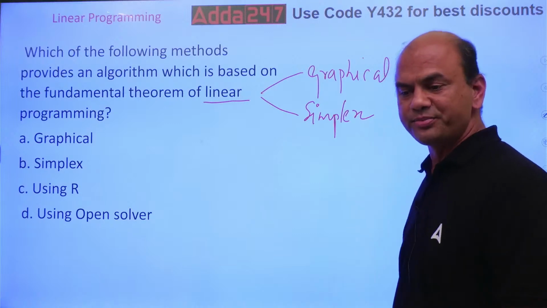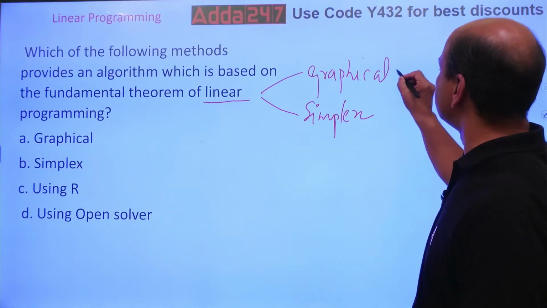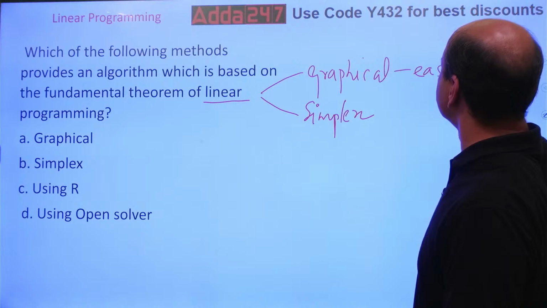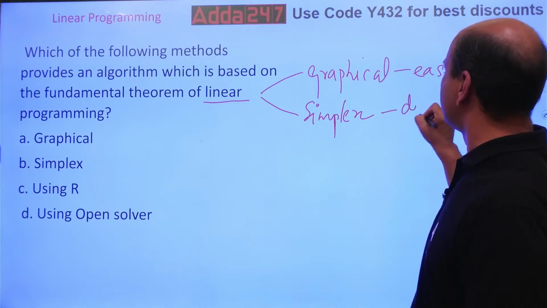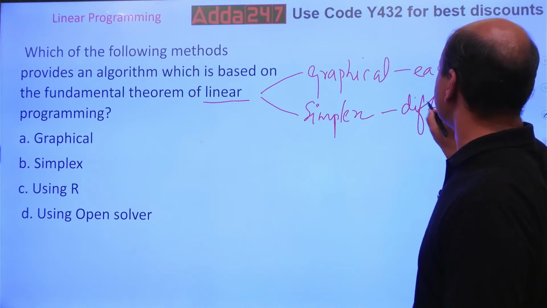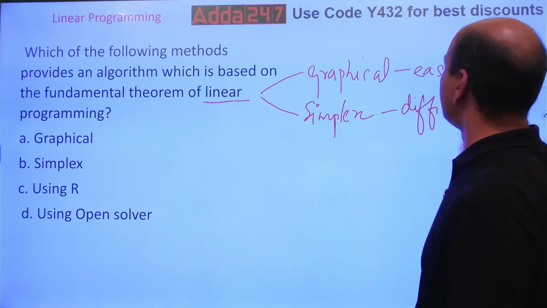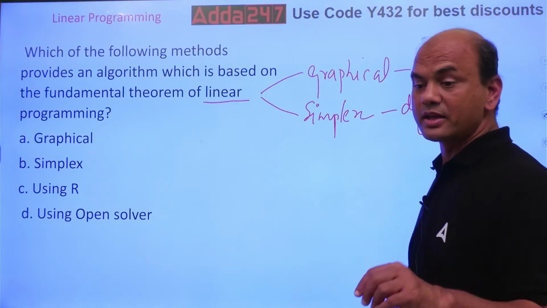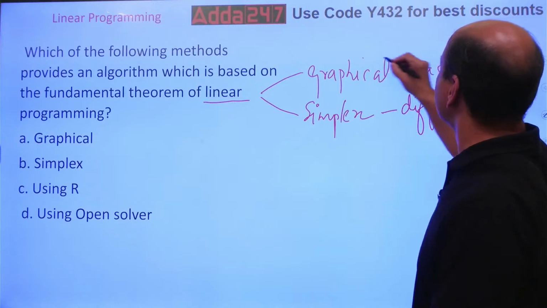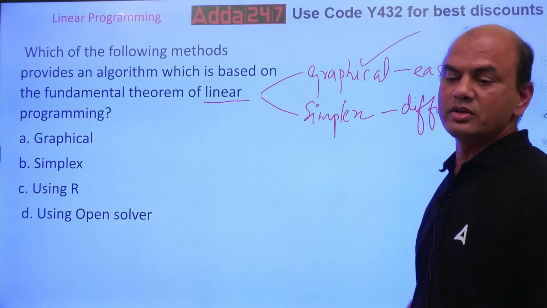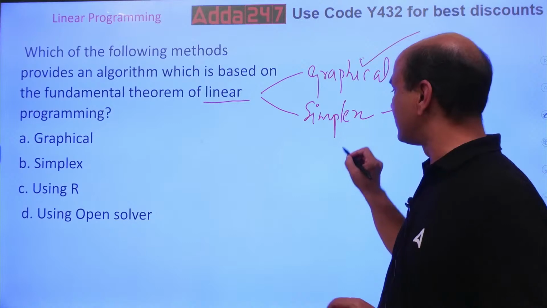One thing I'll tell you: graphical method is easy. Simplex is difficult. Keep it very clear. In the exam, you get numericals on the graphical method. On the simplex method, you will be getting theory.